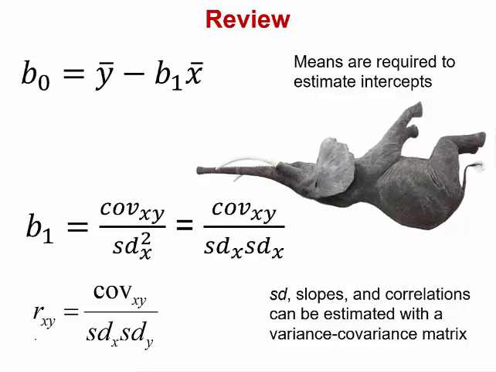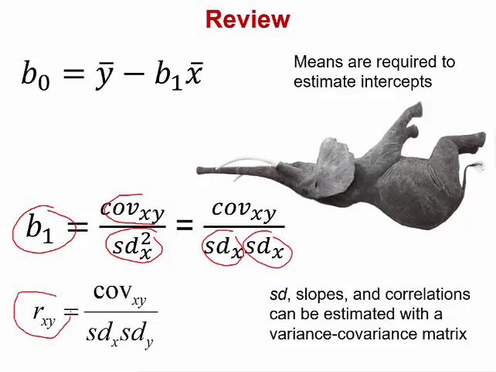Okay, before we proceed, let's review how we would calculate intercepts and slopes and correlations. Recall that the slope from a regression equation is simply equal to a covariance divided by the variance of x. And the variance is simply your standard deviation squared, or standard deviation x times itself.